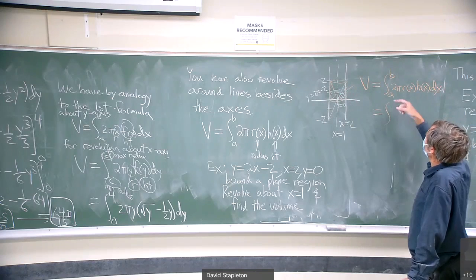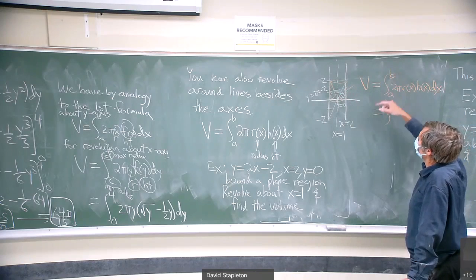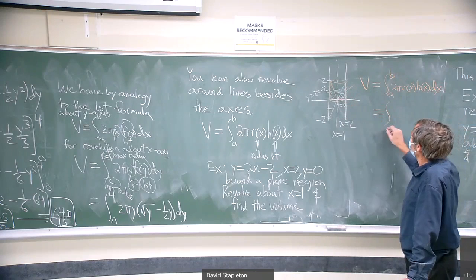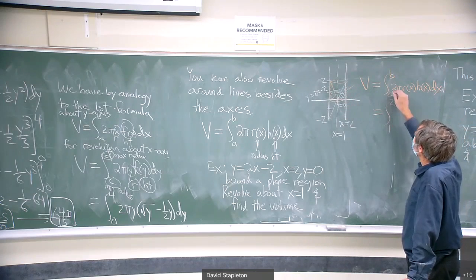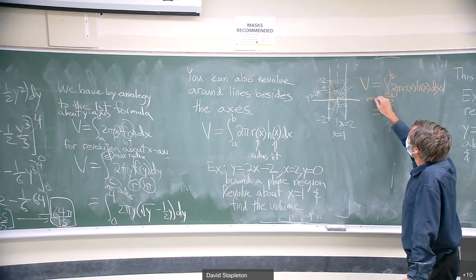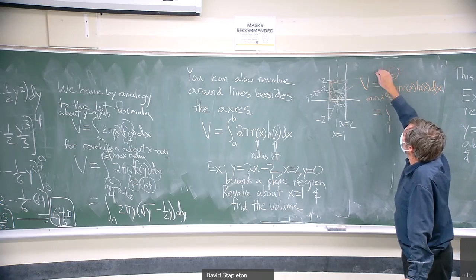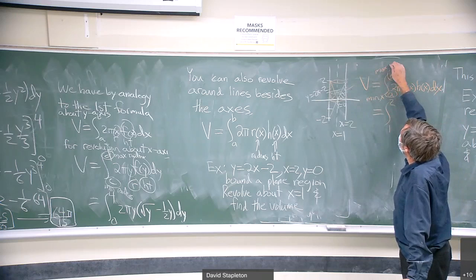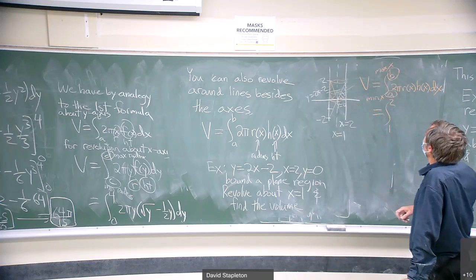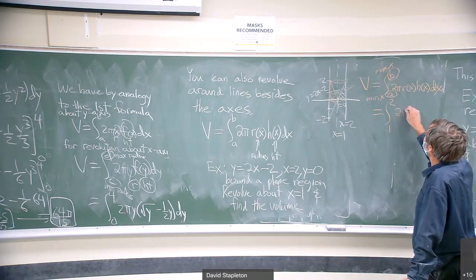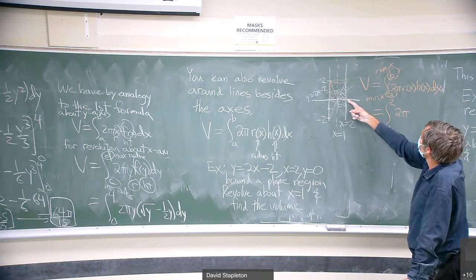But you just have to say from the minimum x to the maximum x, we'll integrate from x equals 1 to x equals 2. Minimum value of x to the maximum value of x, going from the inner radius to the outer radius. And then 2 pi, and what is the radius?